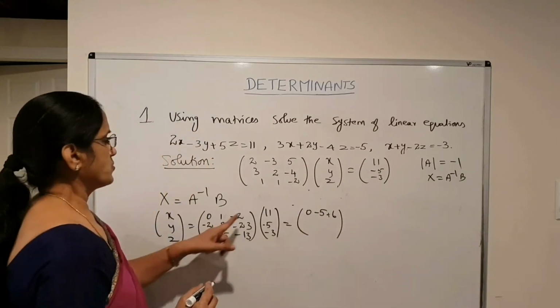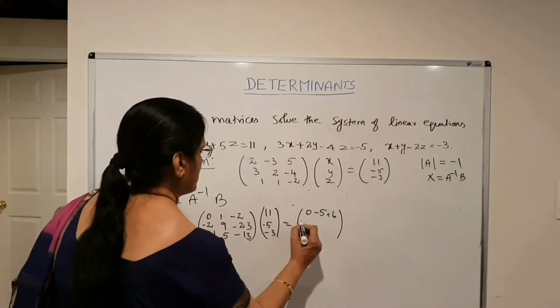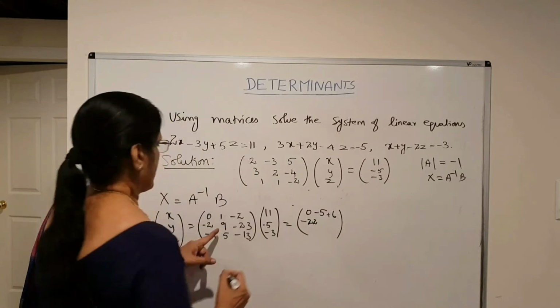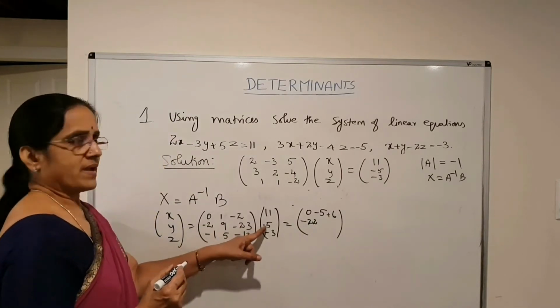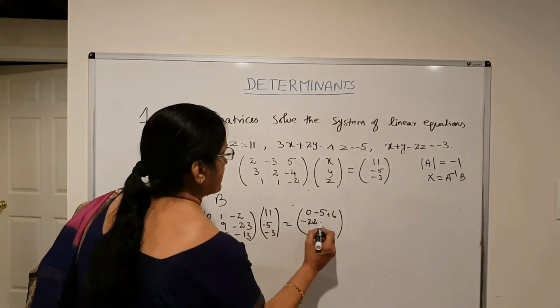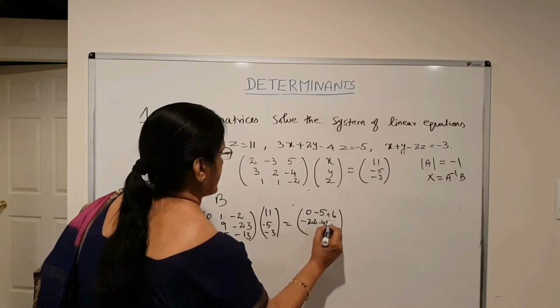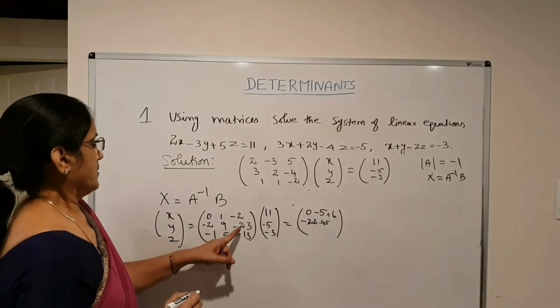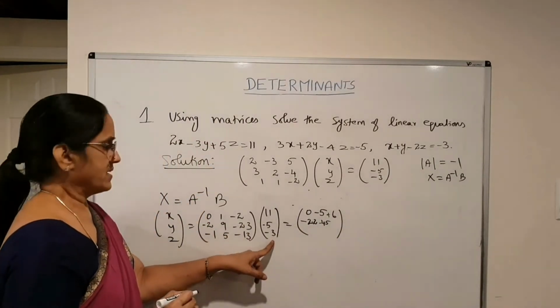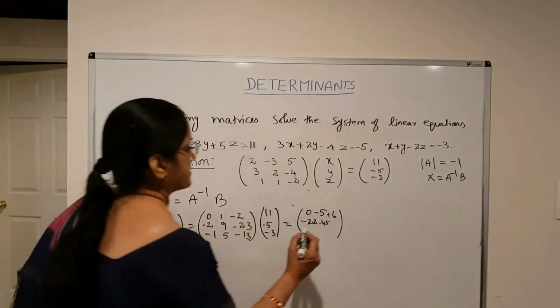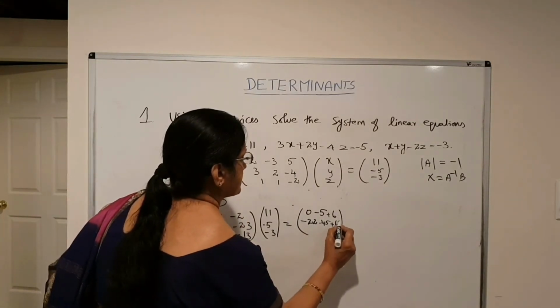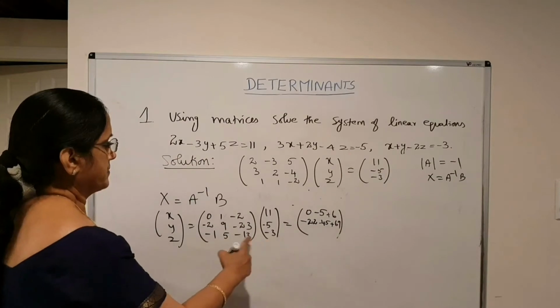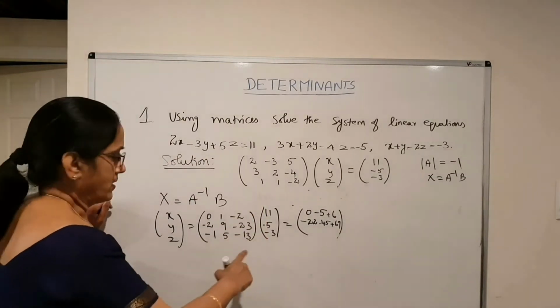Then, minus 2 into 11, minus 22. 9 into minus 5, minus 45. Minus 23 into minus 3, that will be plus 69.